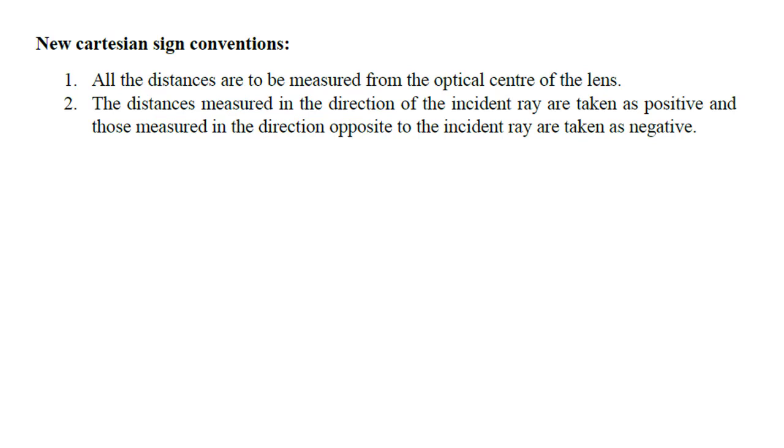And the Cartesian sign conventions: all the distances are to be measured from the optical center. The second one is that distances measured in the direction of the incident ray are taken as positive, and those measured in the direction opposite to the incident ray are taken as negative.